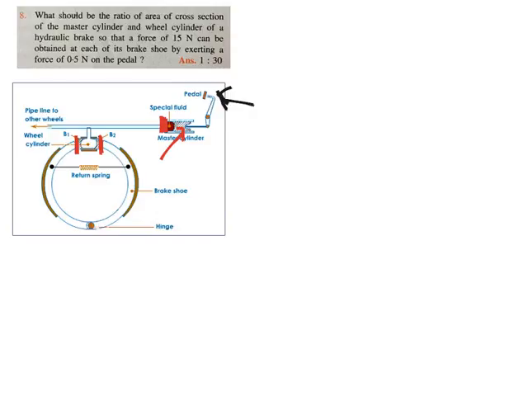So let us assume that the cross section area of the piston near the pedal be x, and this is y. It doesn't matter how many pistons or brake shoes there are, B1, B2, B3, B4.